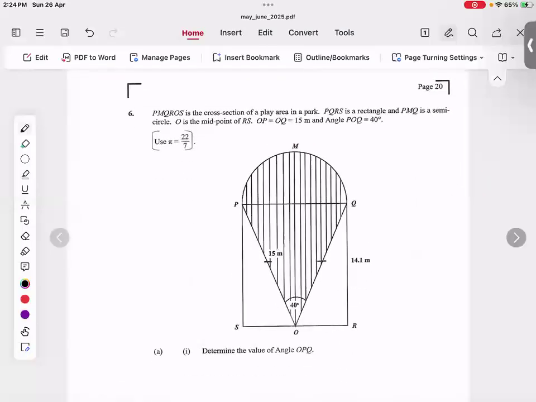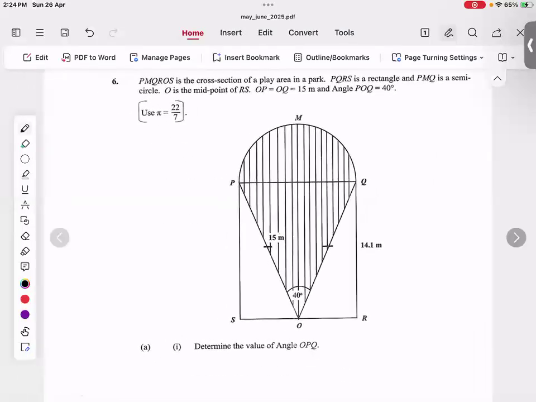Let's go. Number 6. All right, lovely. Now we're looking at this diagram here. P, M, Q, R, O, and S is the cross section of a play area in a park.